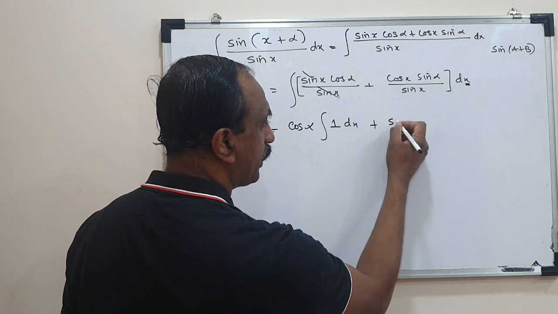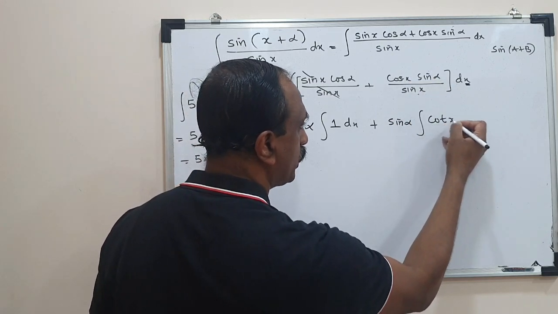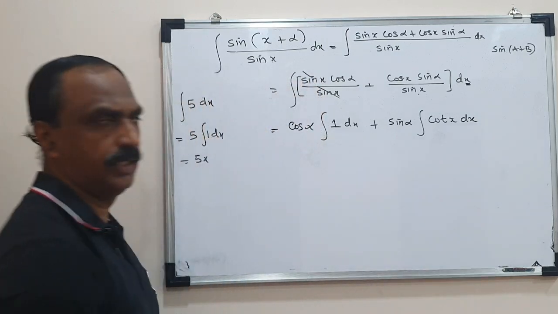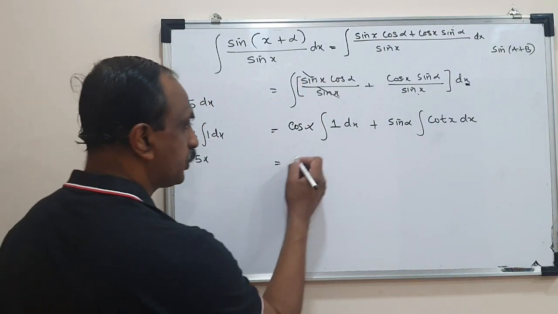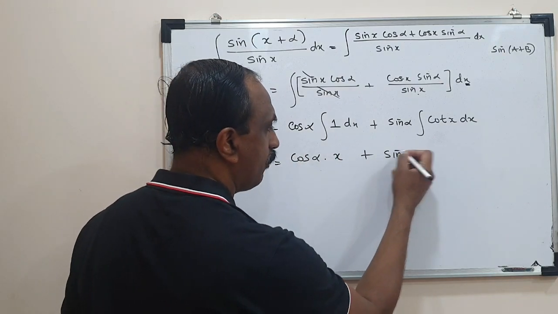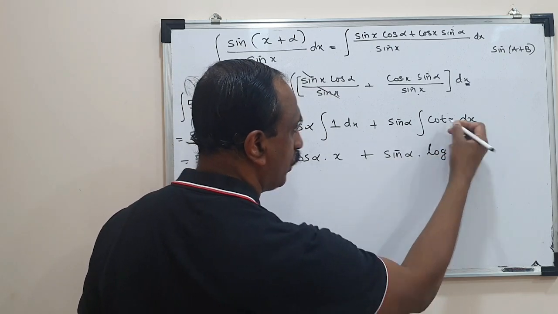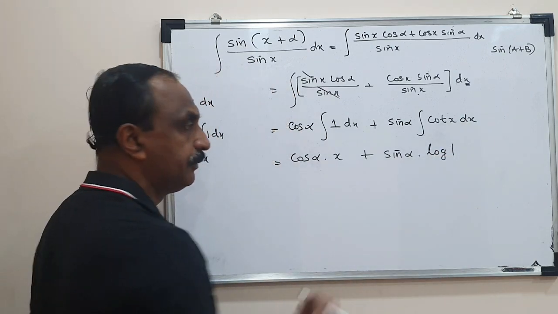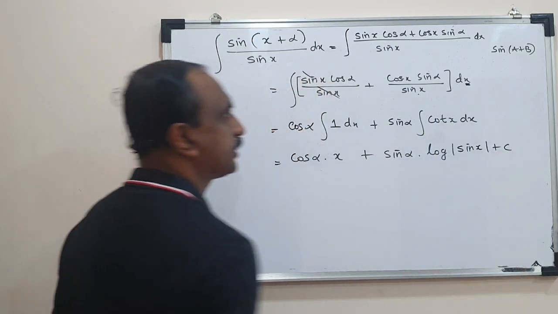Again, we have sin alpha a constant and cos x upon sin x is cot x dx. Now both the integrals we know: we know how to integrate 1, we know how to integrate cot x. So your answer is cos alpha into x plus sin alpha into cot, which is log of the denominator. What is the denominator of cot x? It is cos x upon sin x. So log sin x plus c. This will be your answer.